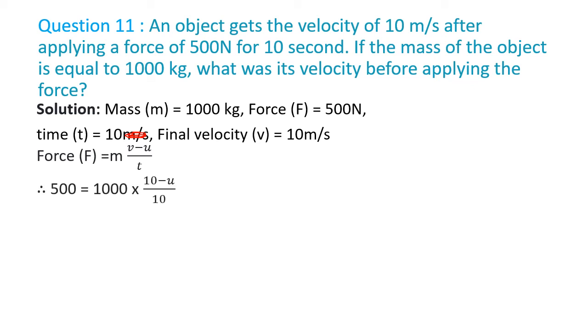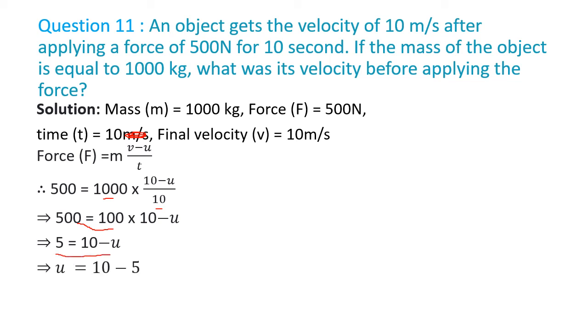So we put down the values, force is 500 Newton, mass is 1000 kg, final velocity 10, u. So divide 1000 by 10 gives 100, 100 goes into division, so 500 by 100 gives us 5, 5 equal to 10 minus u, we rearrange, so u goes on this side, 5 comes on this side, so initial velocity was 5 meter per second.